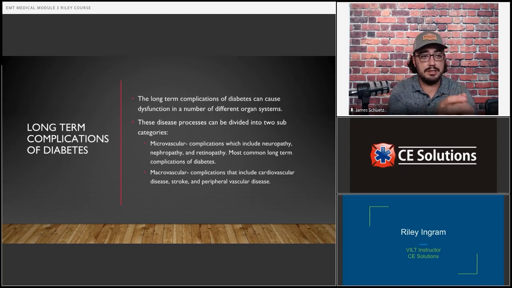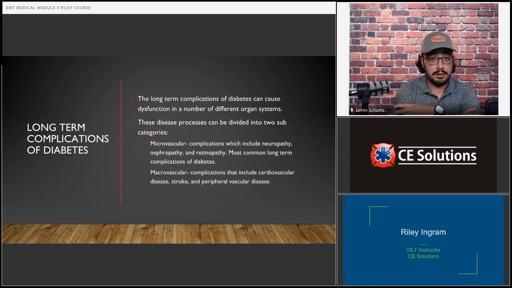Long-term complications of diabetes can cause a dysfunction in a number of different organ systems. This disease process can be divided into two subcategories. You've got microvascular, complications which include neuropathy, nephropathy, and retinopathy. That is the most common long-term complication of diabetes.